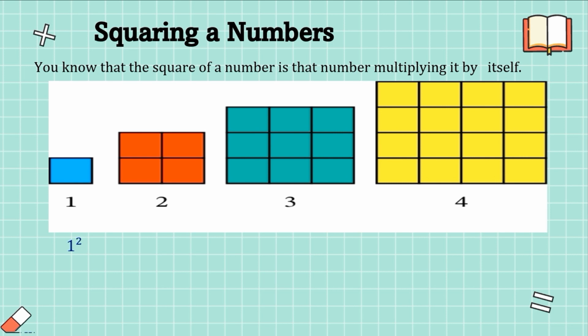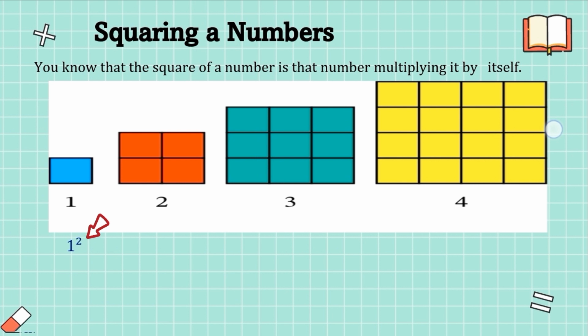Now, when working with exponents, the bigger number to the left is called the base. The smaller number to the right is called the exponent. The exponent tells us how many times to expand the base out and multiply.